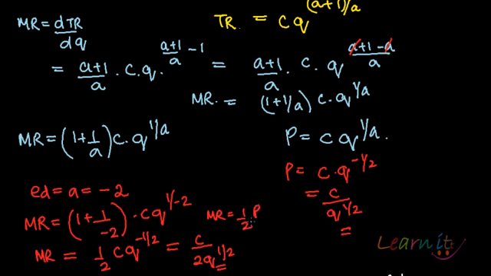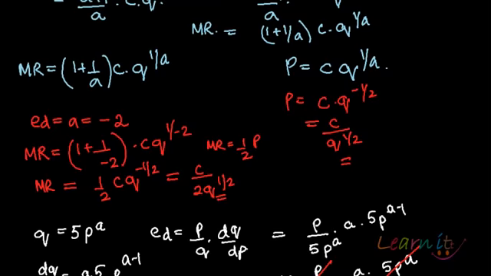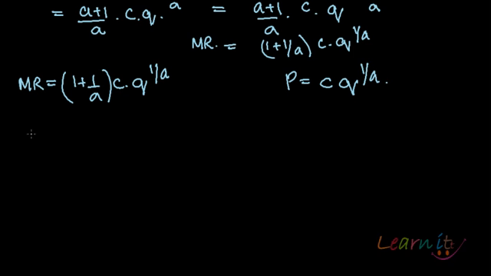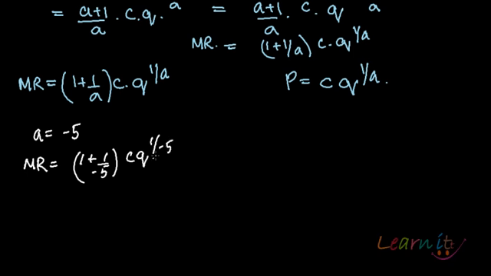Fine. So let us take some more elastic case, when a is equal to minus 5. In this case, your MR becomes 1 plus 1 upon minus 5 into c q to the power 1 upon minus 5.